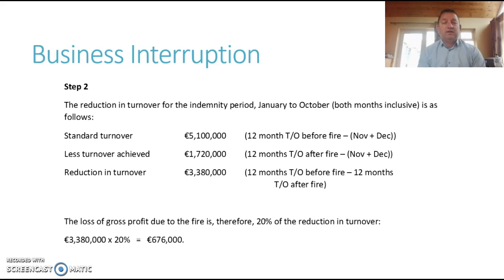So the reduction in turnover is 3.38 million. So the loss of gross profit, therefore, because we're making gross profit at a rate of 20% of the turnover, is 3.38 million multiplied by 20%, which is 676,000 euro. So that's the starting point for this claim.